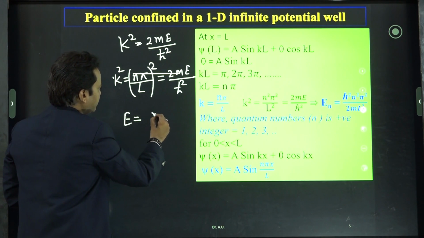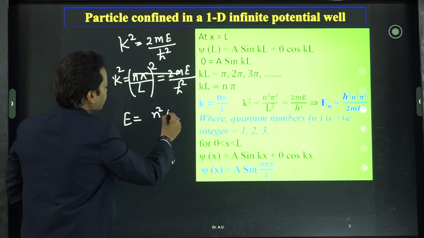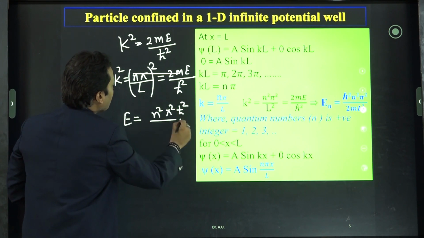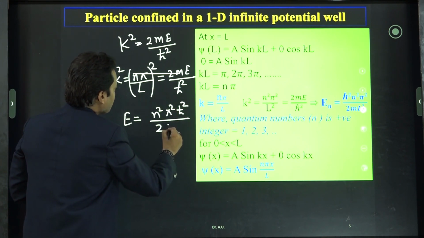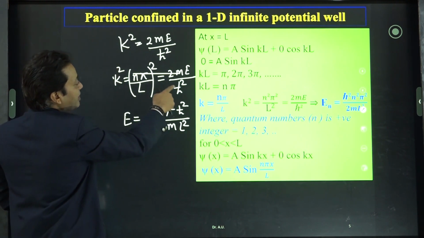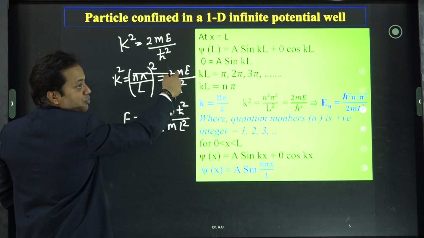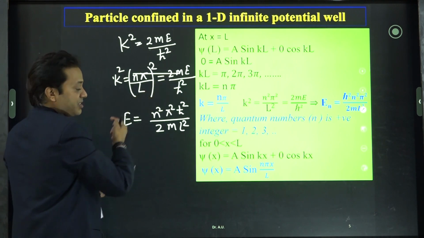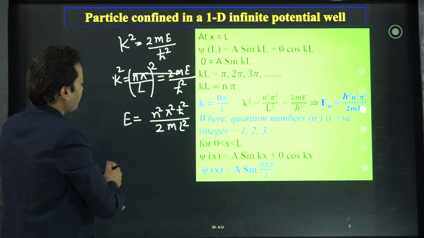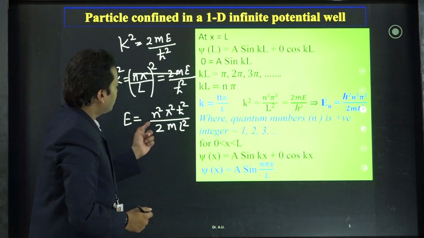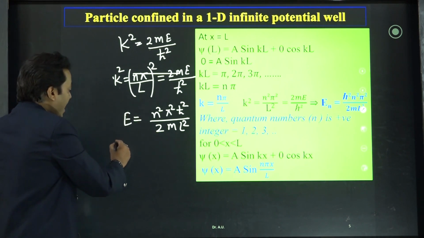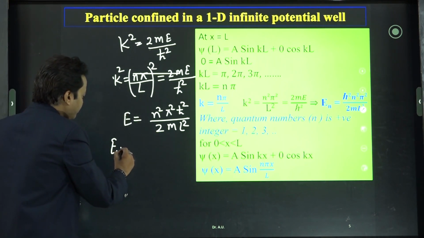It will become n square pi square h cross square over 2 m L square. This 2 will be multiplied, and this 2m will come to the denominator of this side. So, it can be written like this. So, we have found the energy value. This is also called the eigenvalue of the system.